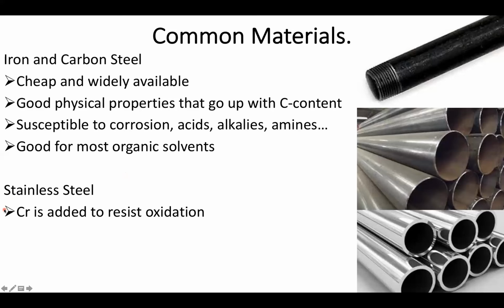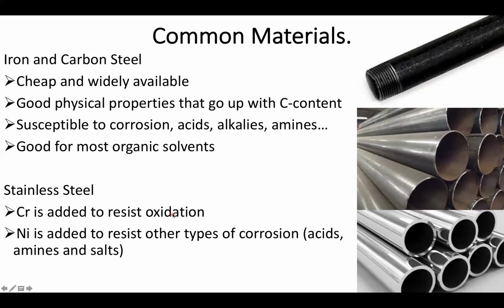So what you're looking for is something that contains chromium if you need to resist oxidation, and if you need to resist electrochemical corrosion, such as the addition of electrolytes like salts, or if you need to resist ligation from things like amines, or just simple oxidation from acids, go with nickel steel. And this is usually the most common form you're going to find.